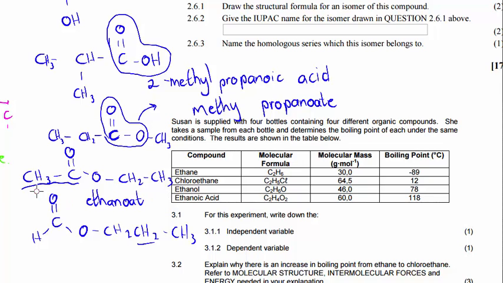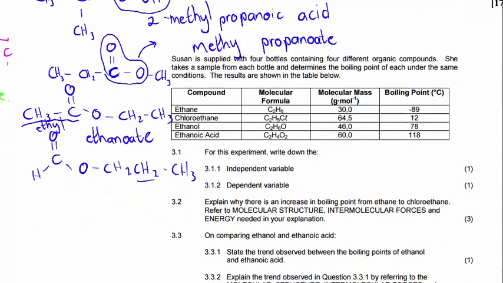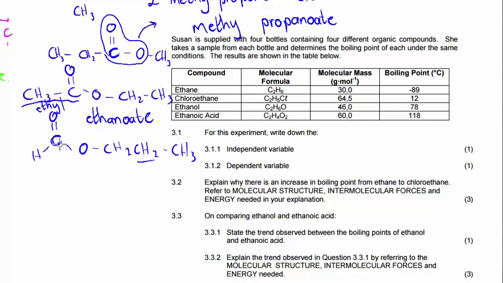And then he has an ethyl branch, so it's ethyl ethanoate. This one has a single carbon in the main branch, so this is methanoate. And then he's got 3 in his branch, which is propyl.